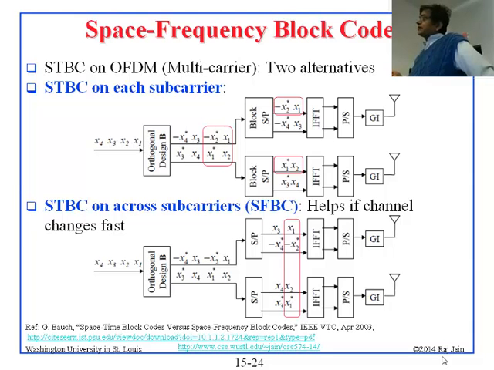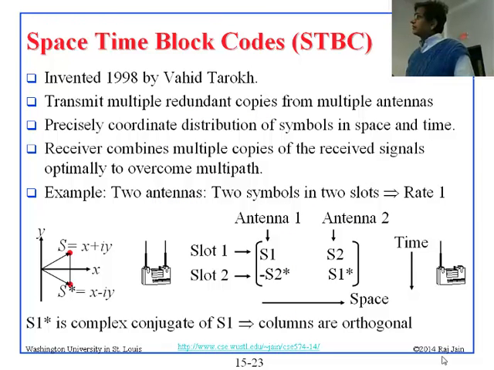But then somebody came up and said, well, what if we did it on the frequency instead of time? So then they came up with another code called Space Frequency Block Code, SFBC. So instead of time, as here, we have carrier 1, carrier 2.